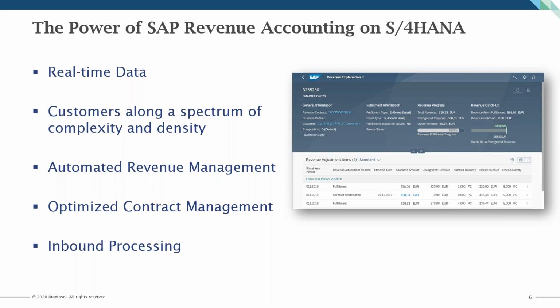Obviously we hear a lot about real-time data, but there's a lot here from the perspective of customers' needs, along the idea of the spectrum of complexity and density that you've shared. What does that mean to RAR, and why should anybody be interested in that?